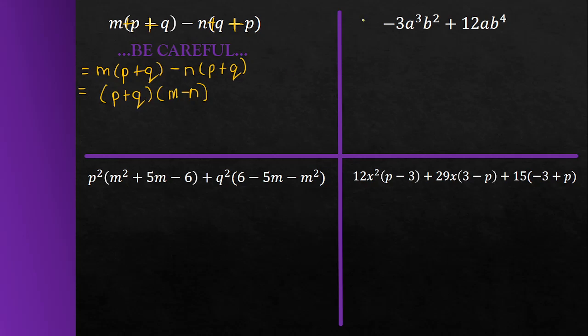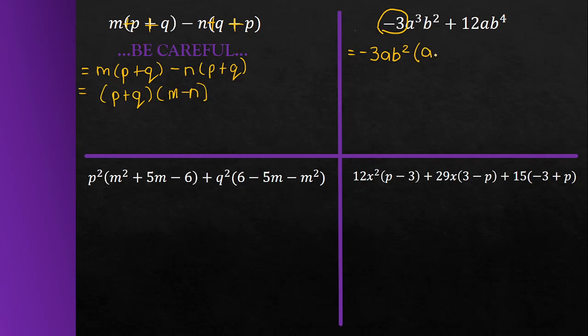Great. Let's look here. Okay, so there's a -3 in front. So my common factor is going to be -3ab squared. So remember, your common factor divides into each term.